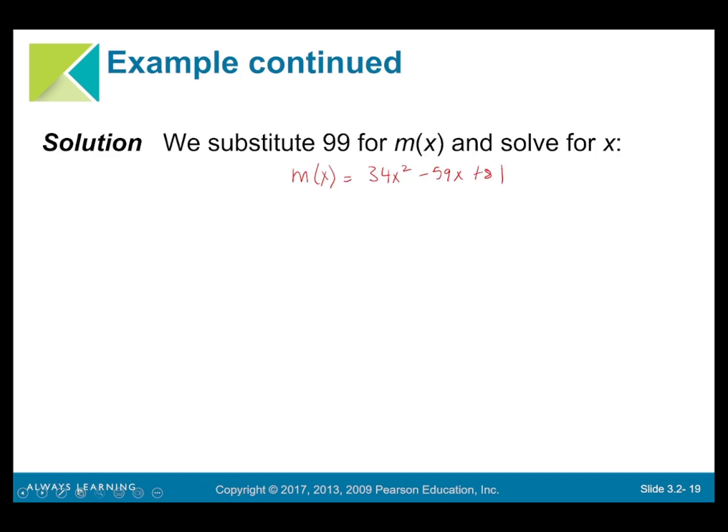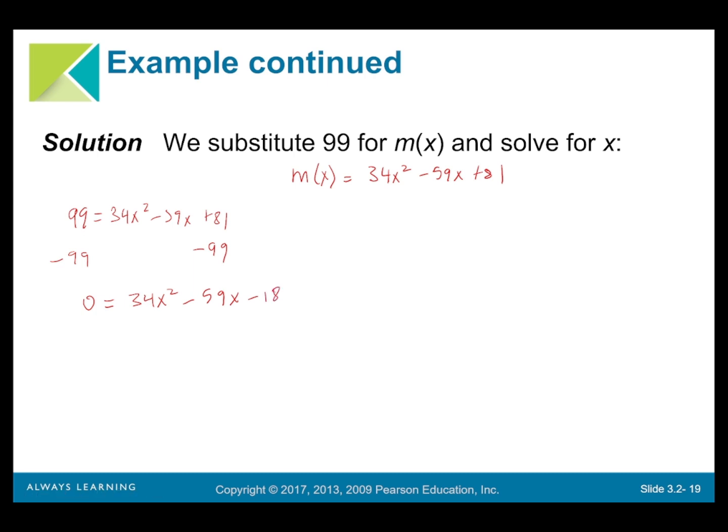And so now we're going to substitute 99 for m of x. 99 equals 34x squared minus 59x plus 81. And we want this equal to 0, so we're going to subtract 99 on both sides. We get 0 equals 34x squared minus 59x minus 18.